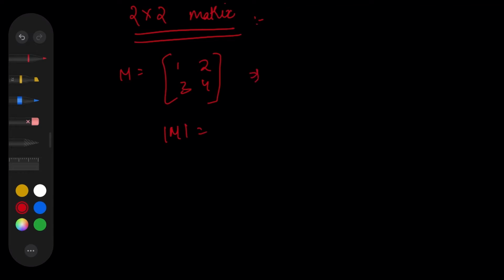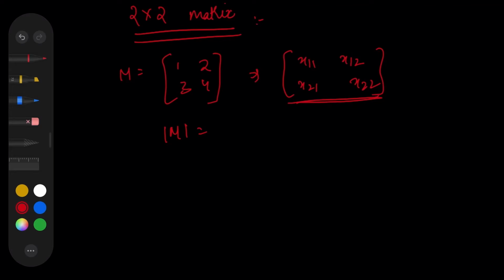So if you represent the same matrix in an elemental form, the same matrix can be represented like this, where 1 represents x11, x12 represents 2, x21 represents 3, and x22 represents 4.